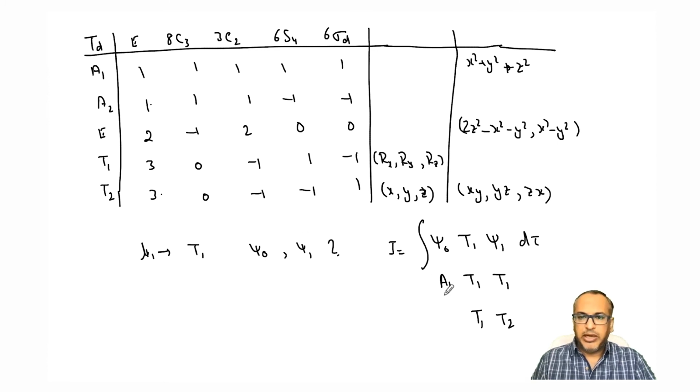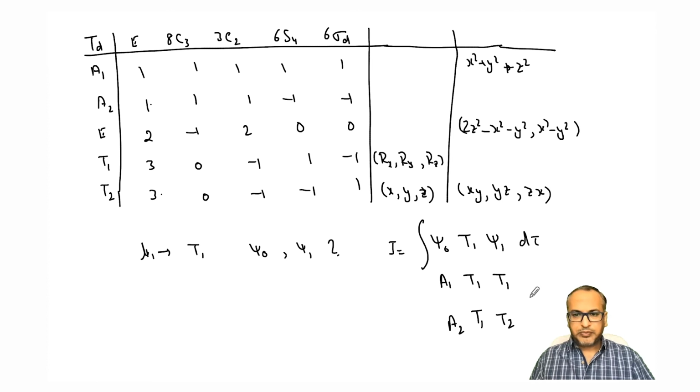So if I take a direct product of A2 into T2, I will get T1, right? So again I have a situation where the direct product T1 will come. So this combination will also not go to 0. So there are two possibilities which will not go to 0, at least by just looking at it, right? The rest of the possibilities I would ask you to do as a home assignment.